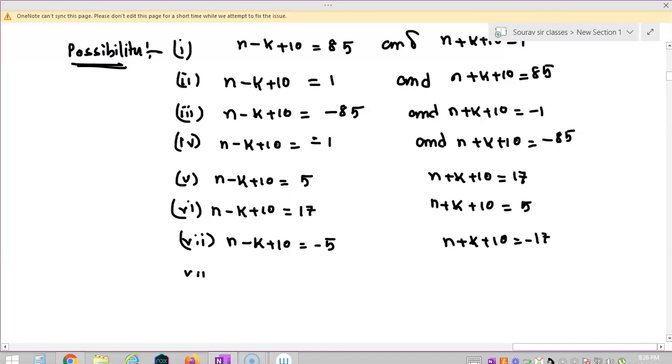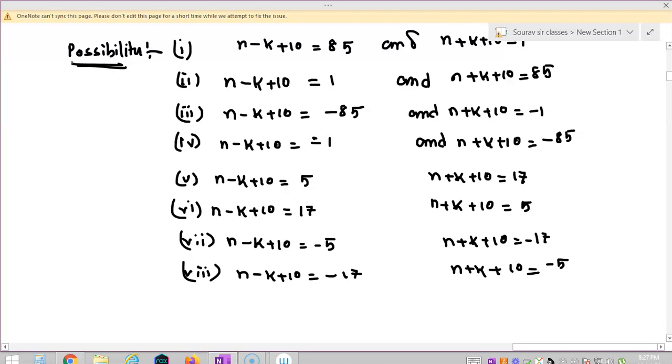And the eighth and last possibility is n minus k plus 10 is equal to minus 17 and n plus k plus 10 is equal to minus 5. Now we need to solve all these 8 simultaneous linear equations to find the values of n and k, and all the values of n are our required answer.